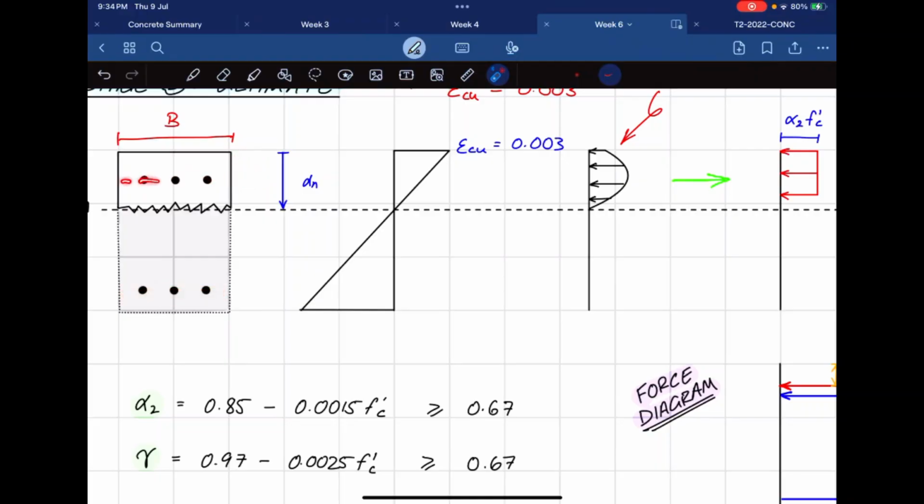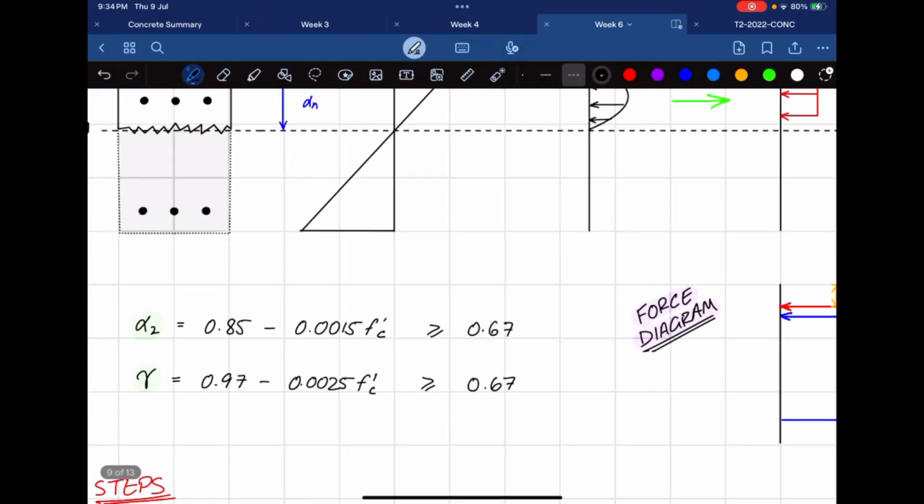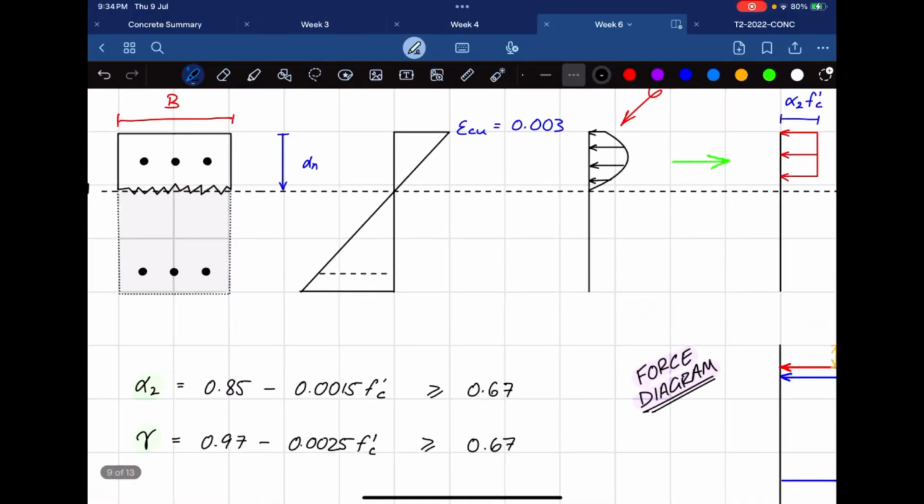So this one will act here in a compressive way. Cs stands for compressive force of steel. This one is going to be tension, because obviously it's on the tension side, so this is the tensile force of steel. Okay, and as I showed you earlier, the strains at each of those points can be calculated as well.